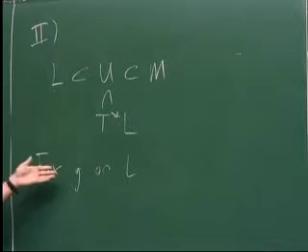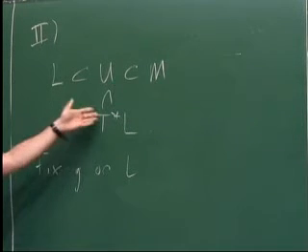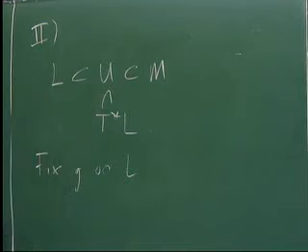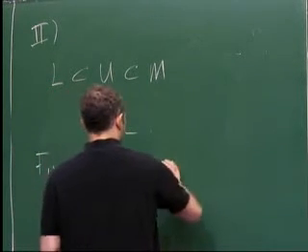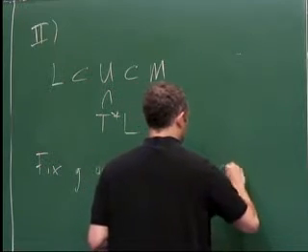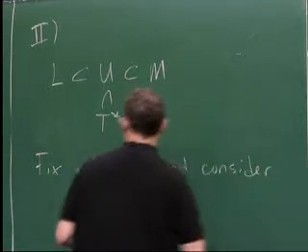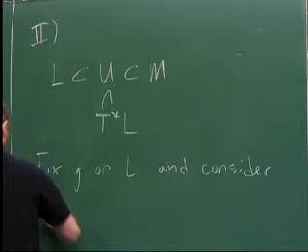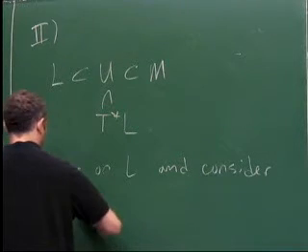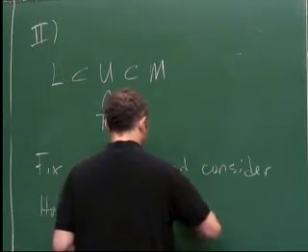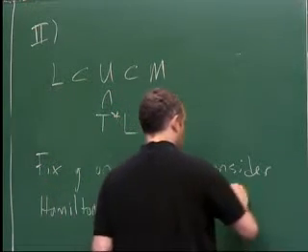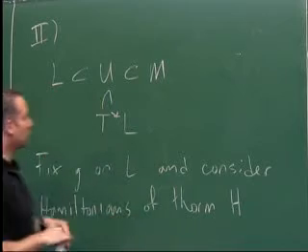So we can think of the cometric in T star L, and we can consider Hamiltonians of the form H, which I will describe in a second.